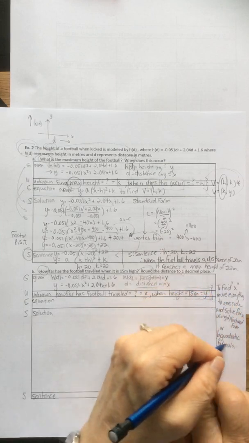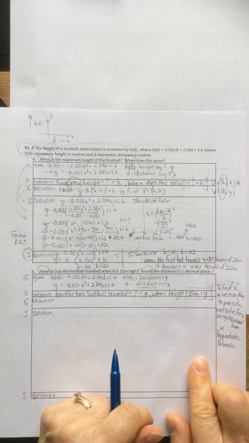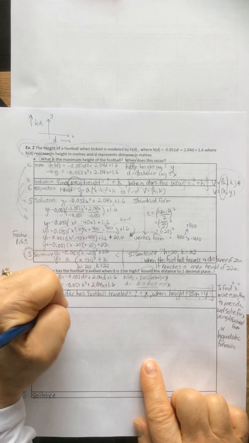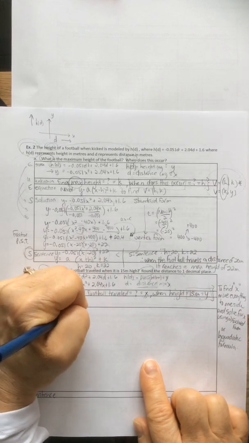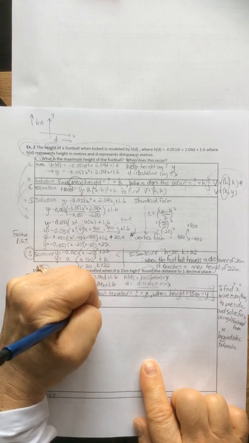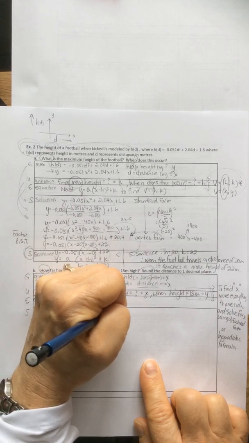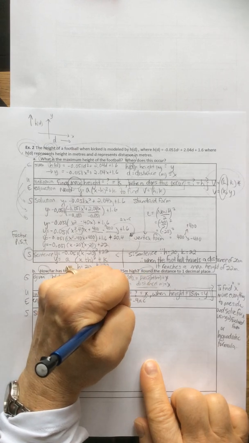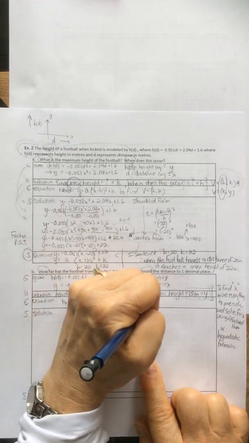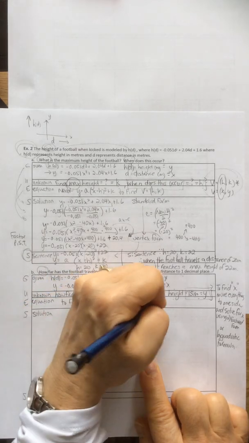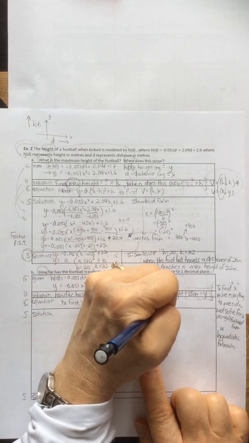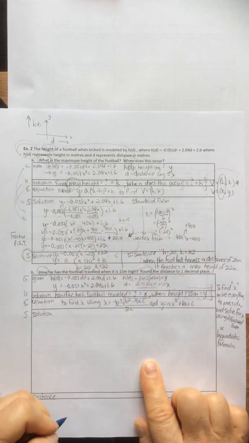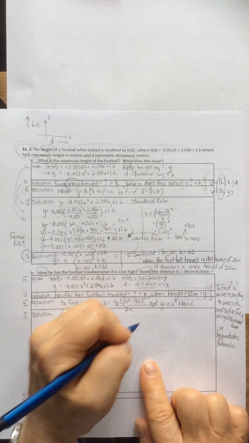But that's what we said on the front of this lesson. The equation: to find x, use x equals negative b plus or minus the square root of b squared minus 4ac, all divided by 2a. And y equals ax squared plus bx plus c, where this value is 0.